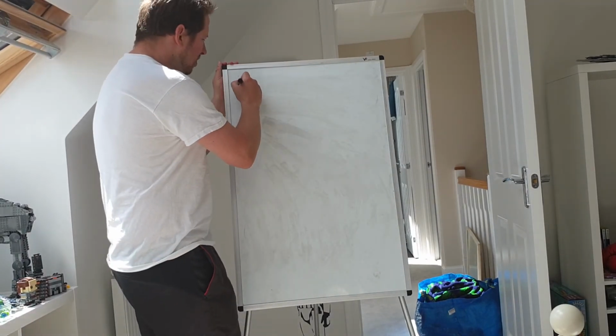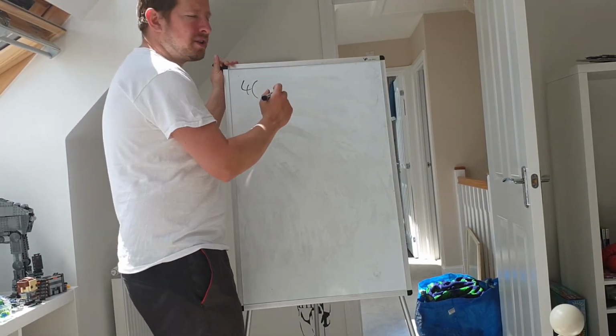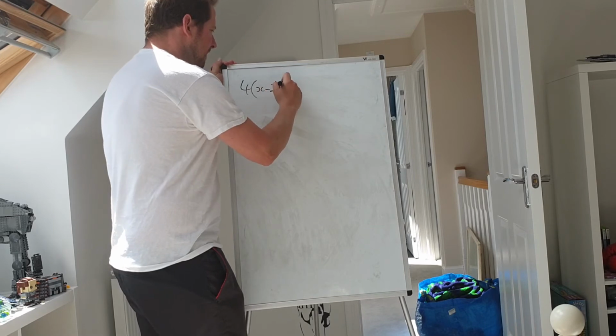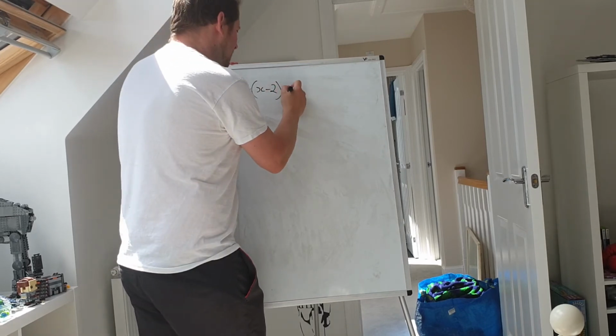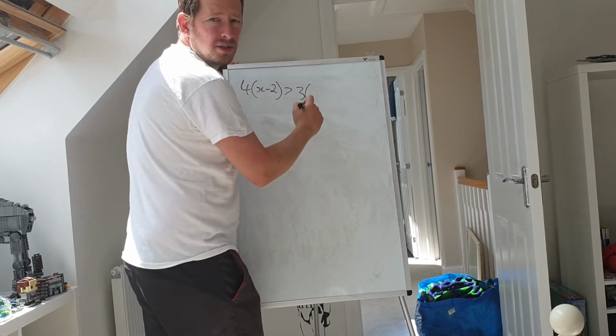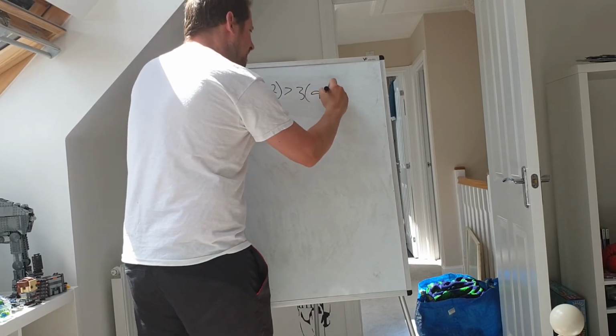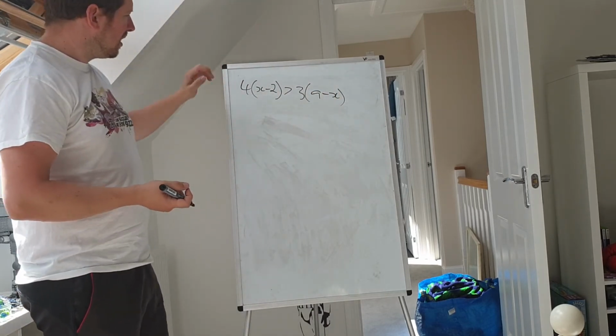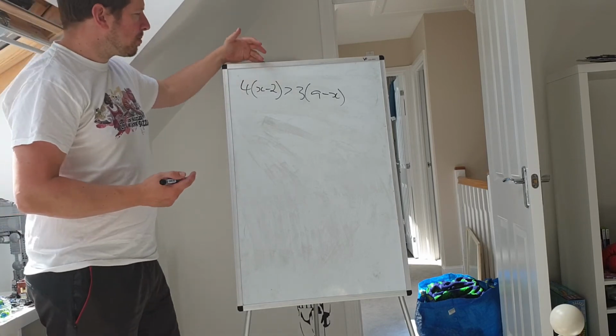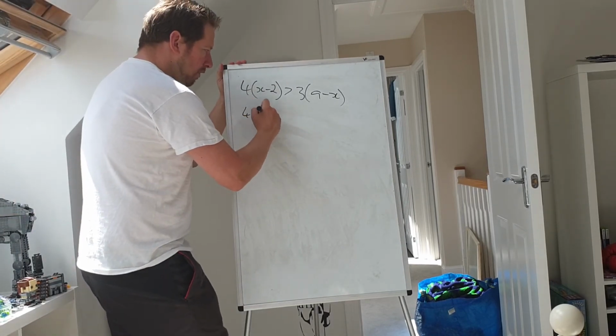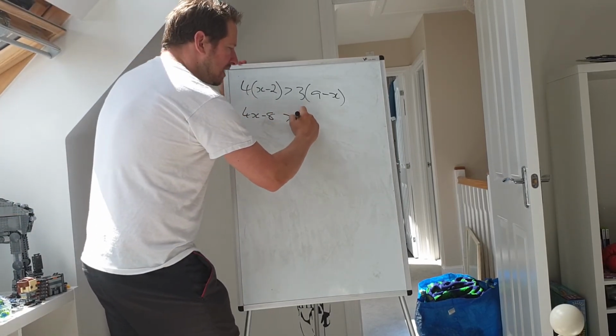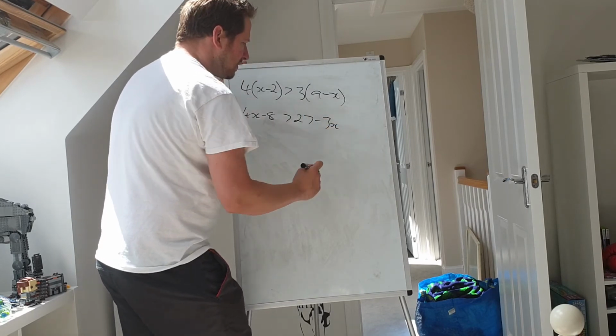Finally, again, not a tricky question. 4 lots of x minus 2 is greater than 3 lots of 9 minus x. So I'm going to multiply out both brackets. So we get 4x minus 8 is greater than 27 minus 3x.